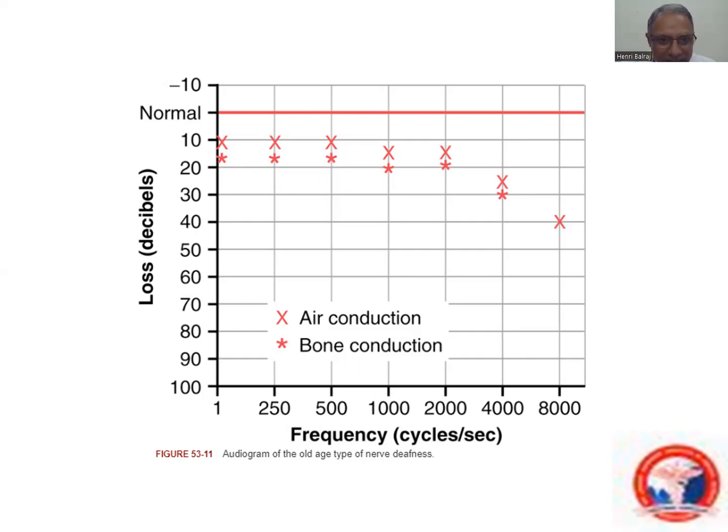That is given over here, and it is seen that bone conduction is normal and air conduction dips only after 2000 cycles per second. This is 4000 cycles. This is with the old age type where the nerve is involved. So nerve deafness, sensorineural deafness.